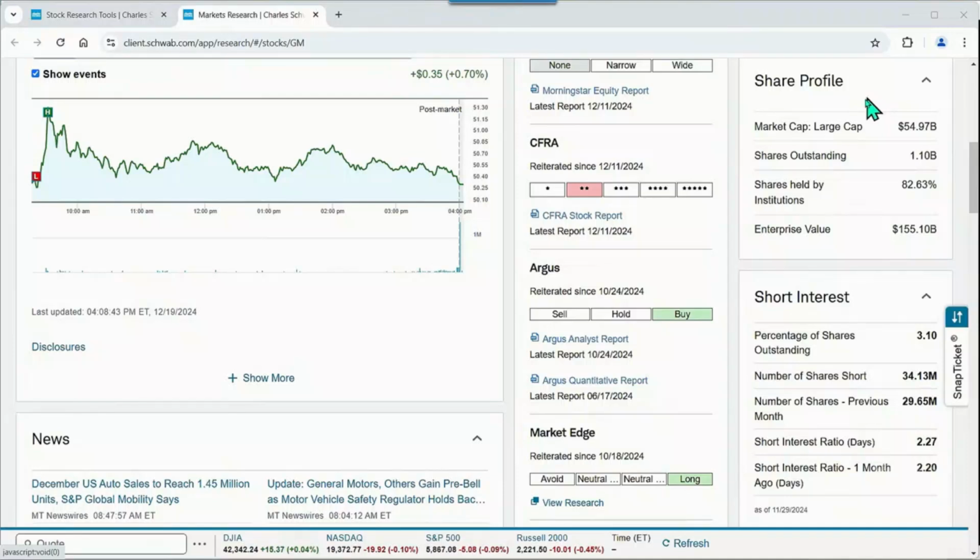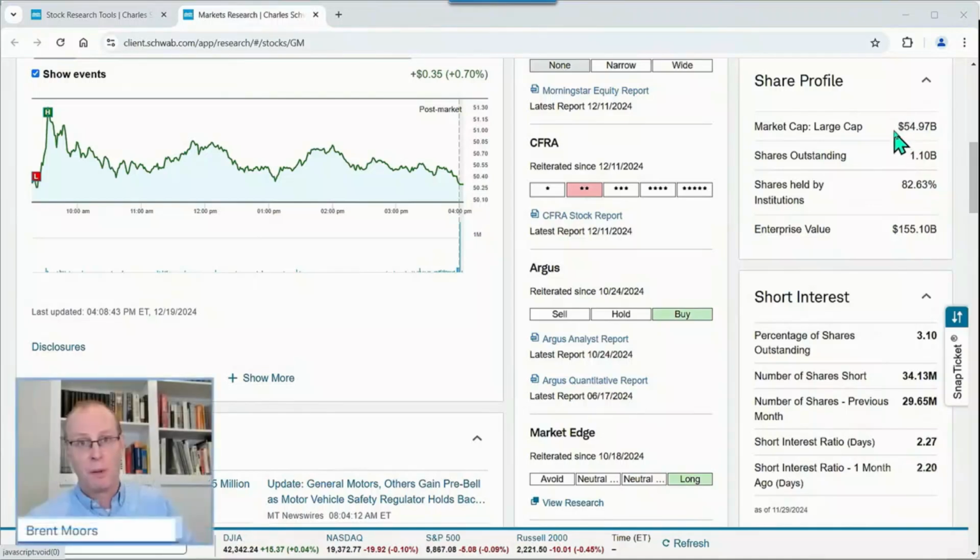However, in today's economy with trillion-dollar companies, 55 billion may be nothing to sneeze at, so to speak. It's a pretty run-of-the-mill large cap company, I don't know if that's the right word, but that gives you a sense.